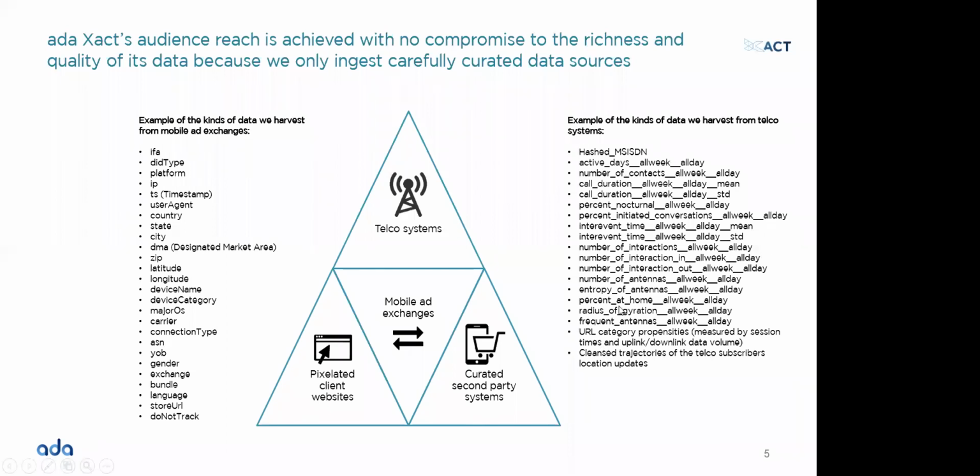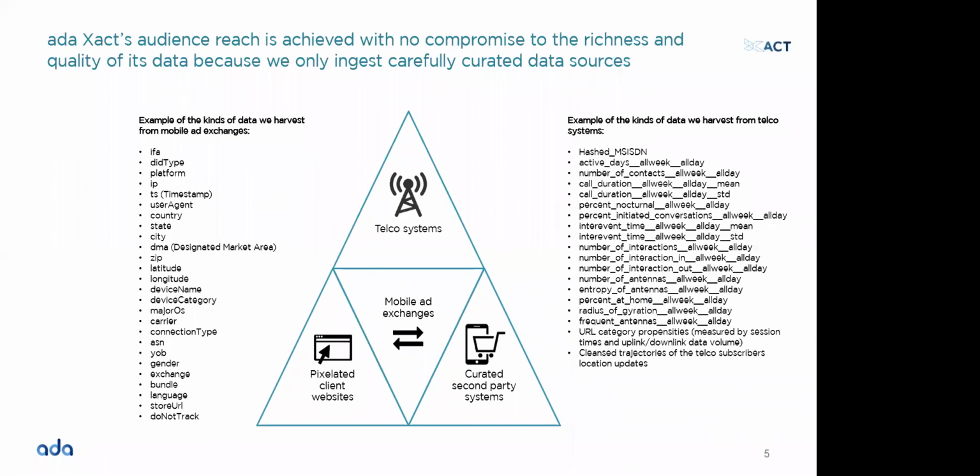And then finally, we compute things like the radius of gyration, which is the width of the motion of the consumer, how far they go from their home location, as well as things like the spread of the telco antennas that they connect to. So this is called the entropy of the antennas. Now, when a user makes a call or does a messaging transaction, they will connect to a telco antenna.